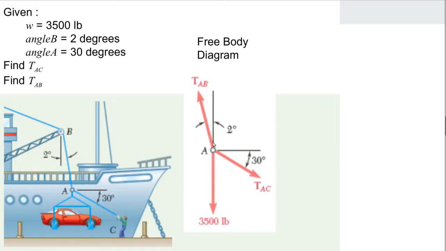Again, it's got the tension of the cable up at 2 degrees, the tension of the rope down at 30 degrees, and the weight acting straight down. We could also include the names over here in our free body diagram, since we know that information of 2 degrees, 30 degrees, and 3,500 pounds.